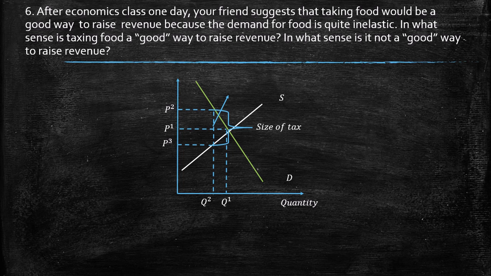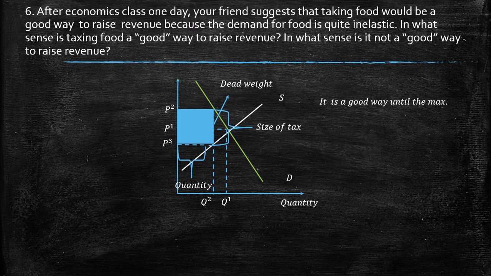This is the size of the tax, okay? So this is the quantity, and this is the deadweight loss. Here it's really important to know that it really depends on the position that we are in on the Laffer curve. Remember, the Laffer curve measures the maximum revenue that the government can raise, but it is concave, so it has a maximum.